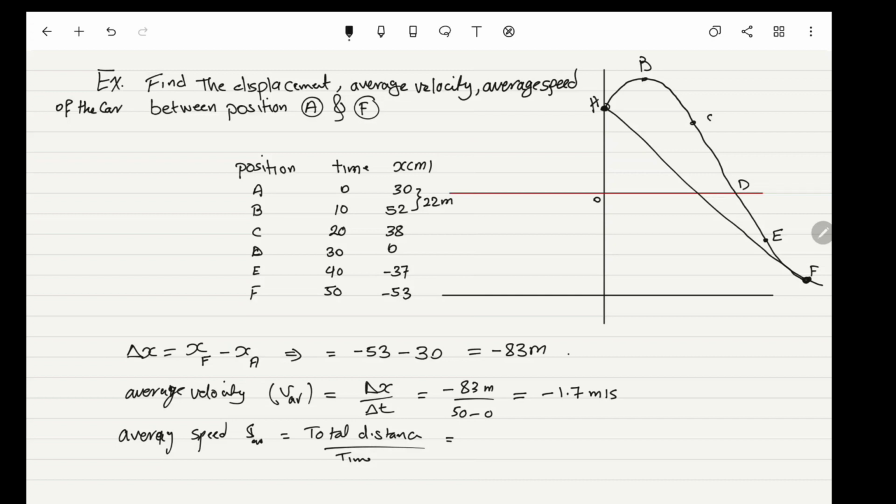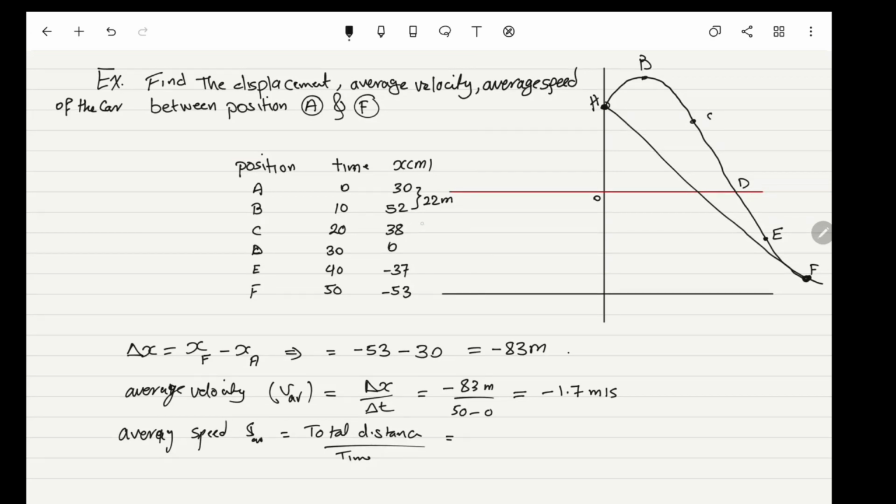Now the distance from B to C equals 14. Then 38, 37, and 16.